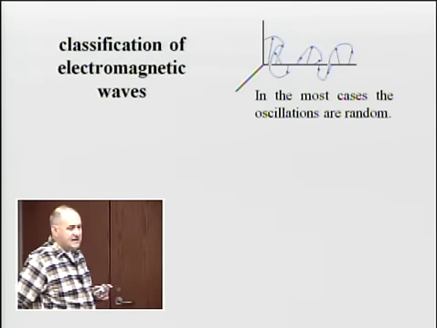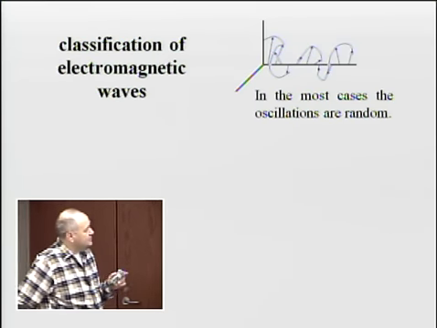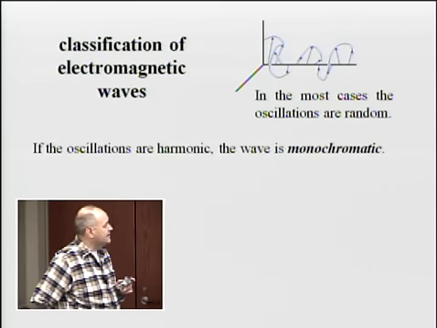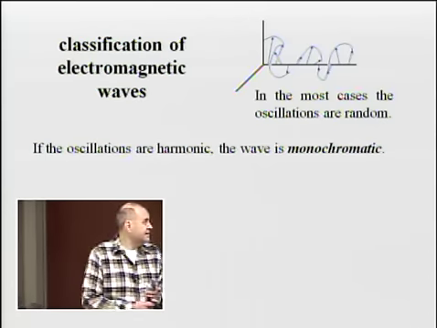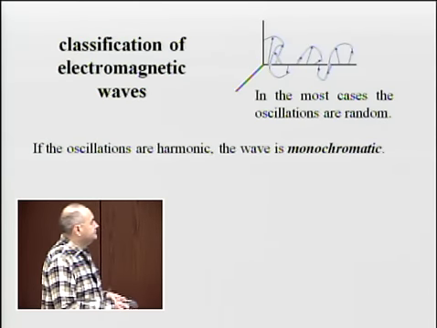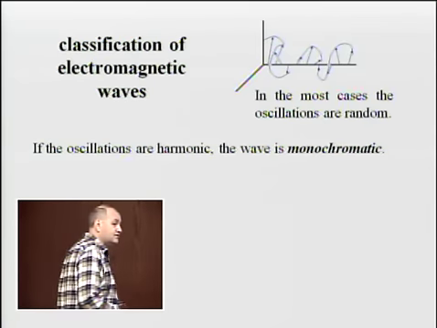I marked only the electric field vector. Remember that the magnetic field vector is always perpendicular to the electric field vector, following the right-hand rule. And this is the most general form of electromagnetic wave which is traveling through space.